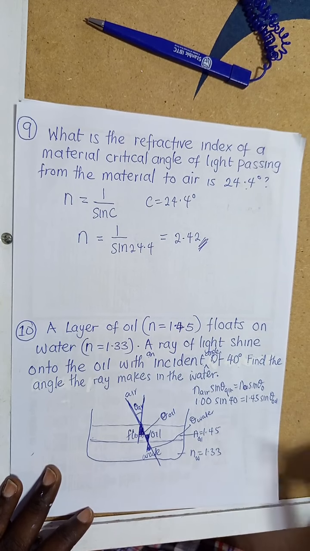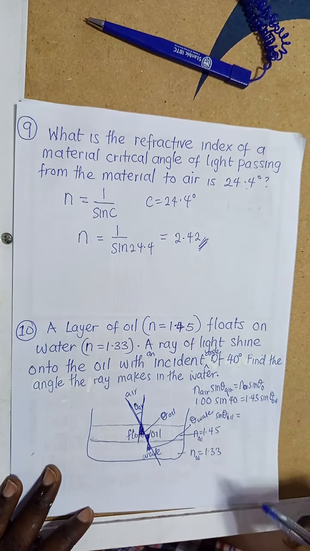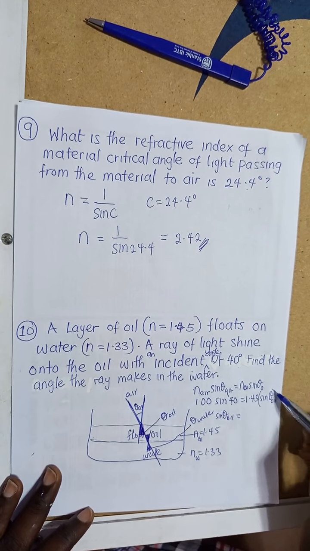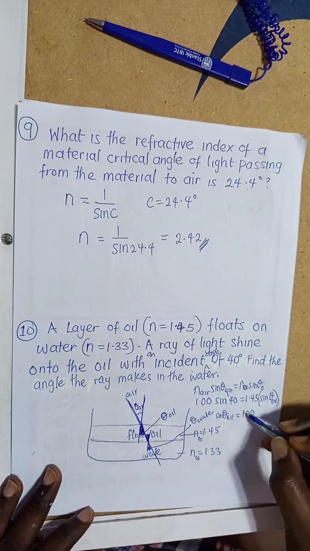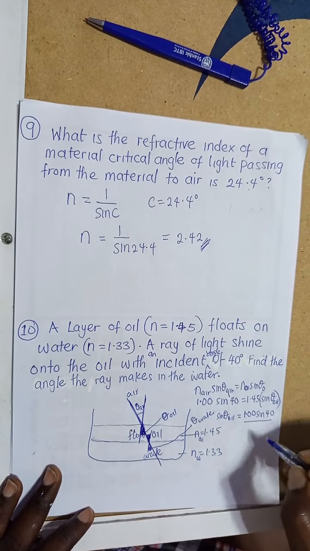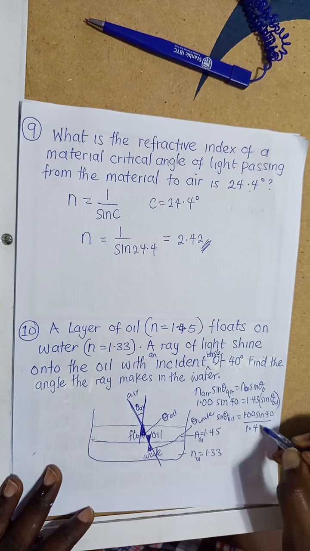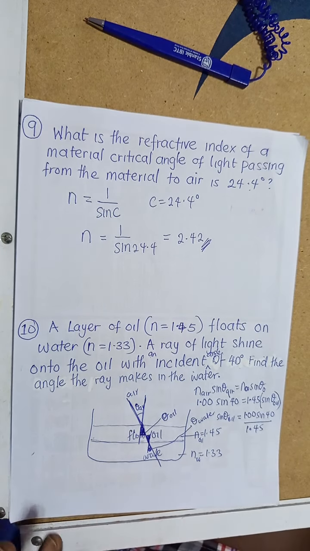So what I want to do now is to make theta in oil the subject of formula. The variables are 1.45. I would have 1.00 sine 40 divided by 1.45.